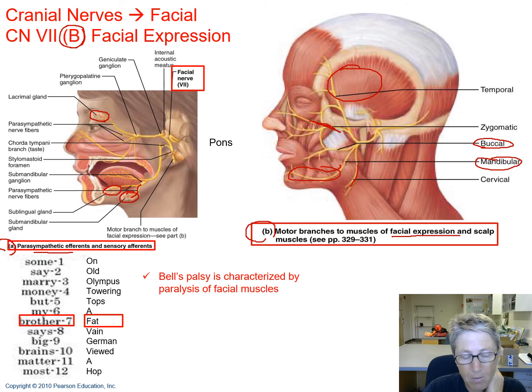And then I have here, I don't know if you've heard of this condition called Bell's palsy, it is characterized by paralysis of your facial muscles through a problem with the facial nerve.